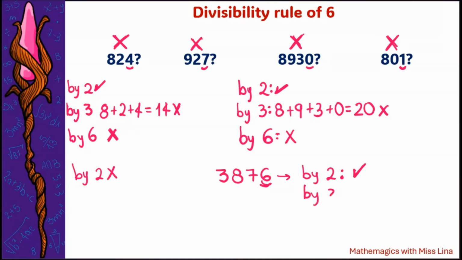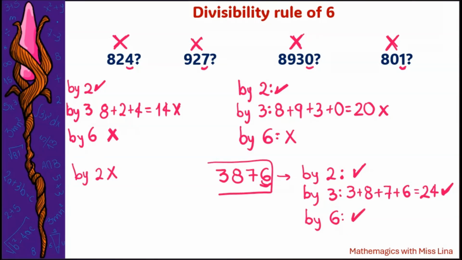By 3, well, let's add the digits. 3 plus 8 plus 7 plus 6. 3 plus 8 is 11. 11 plus 7 is 18. 18 plus 6 is 24. 3 times 8 is 24. So yes, it is a multiple of 3. Then that means it is also divisible by 6. Okay? This is an example of a number that is a multiple of 6.